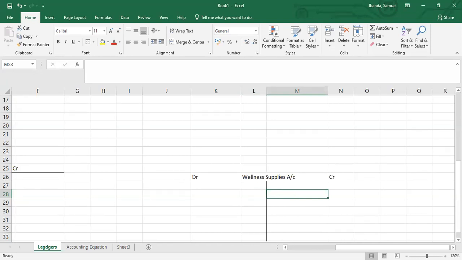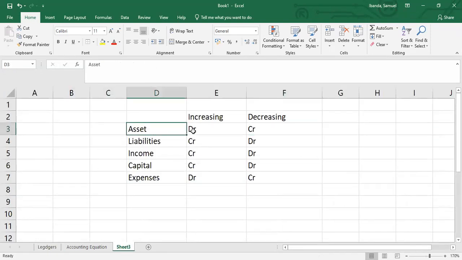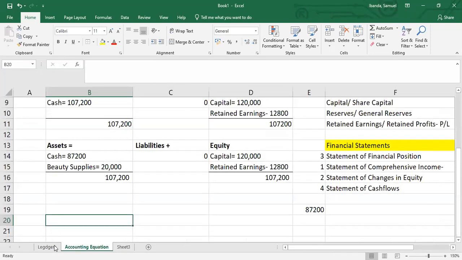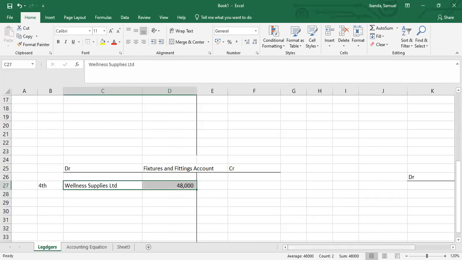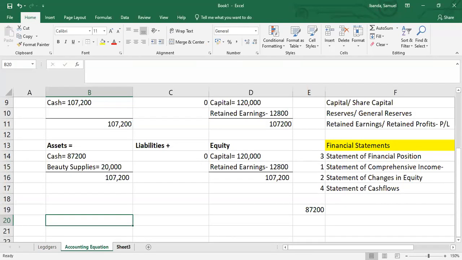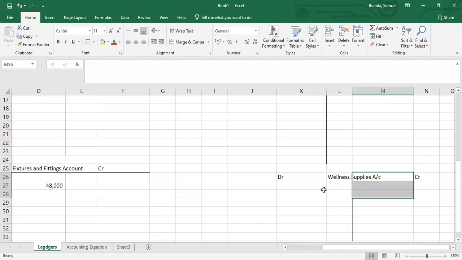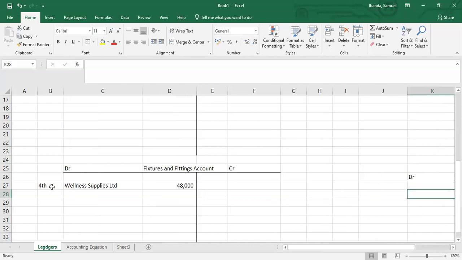Fixtures and fittings are assets, and when assets are increasing, we say that we debit. Wellness is a liability, and when liabilities are increasing, we said we credit. So I'll go to Wellness's account and do the same thing.